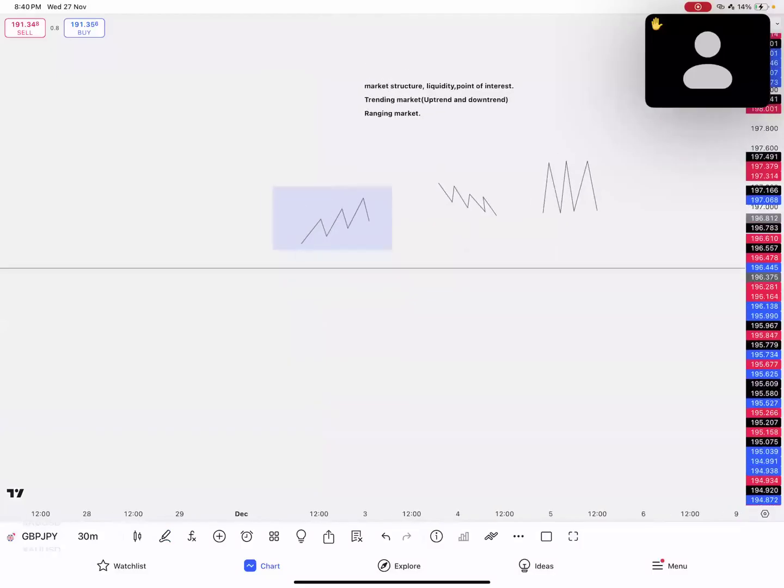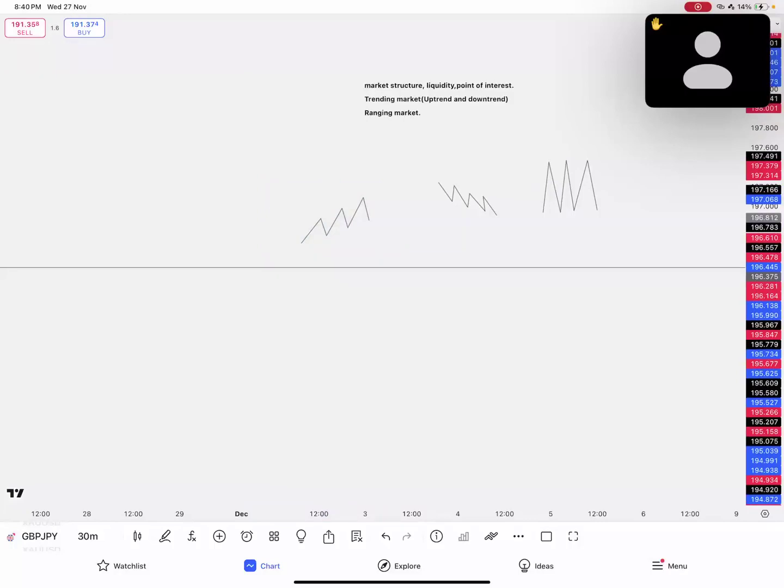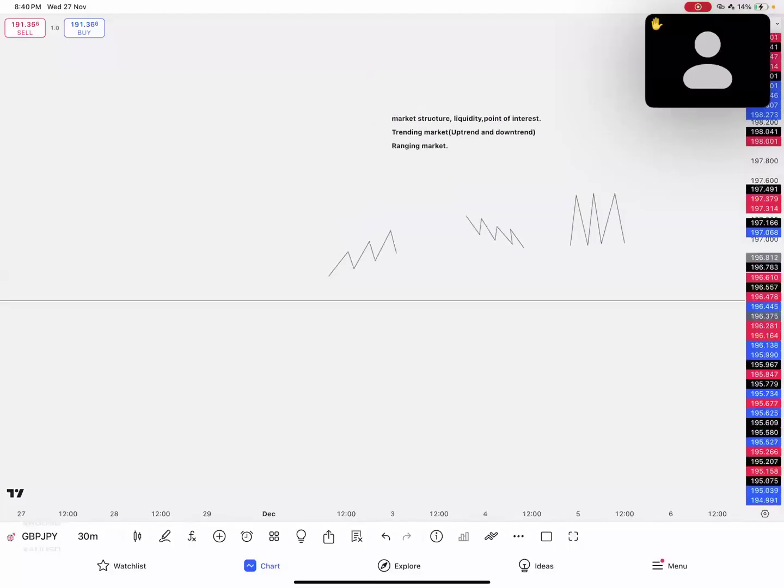It is very visible because the market is trending up: higher highs and higher lows. So any deviation from this particular pattern while the market is on an uptrend, just know that a structure shift has occurred.